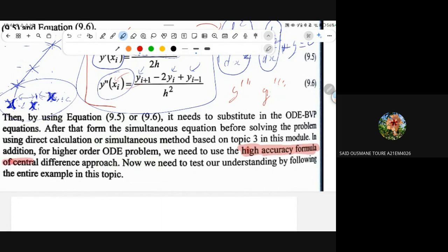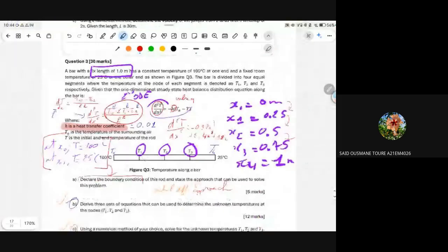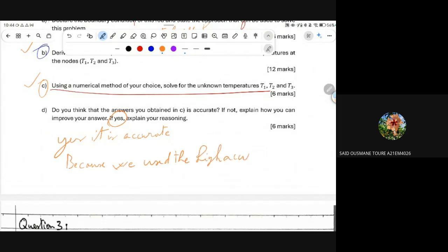Because we use the high accuracy central difference approach. Exactly. Now you understand? Because we use the high accuracy central difference approach.